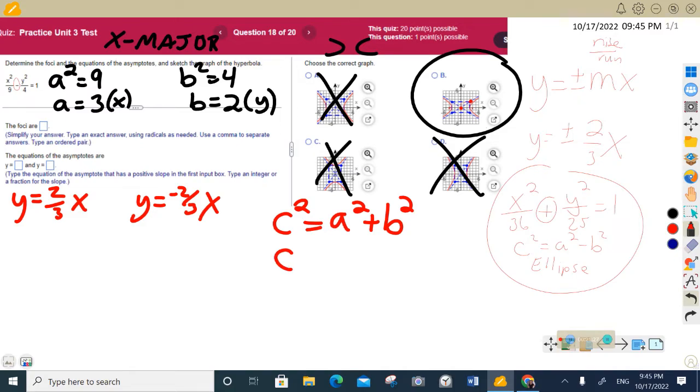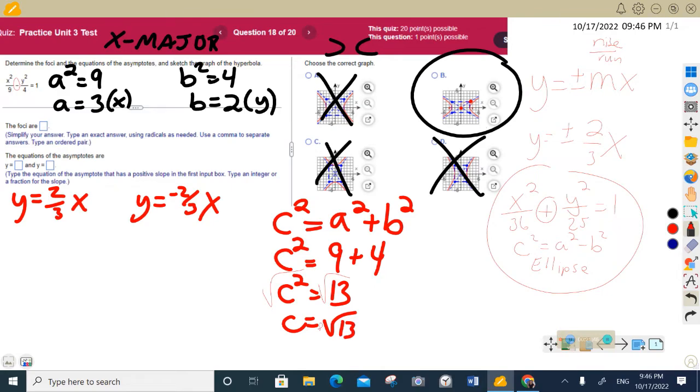So let's do that. a squared was 9, b squared was 4. Remember, it's already squared in the equation. So c squared is 13. We're trying to solve for c, so we take the square root of both sides. So c is plus or minus square root of 13.